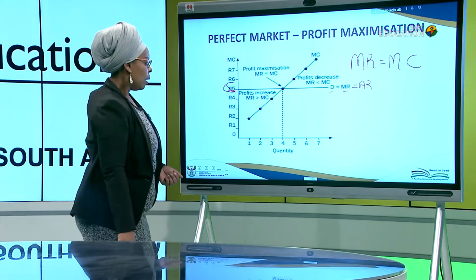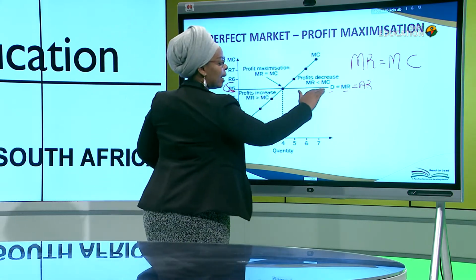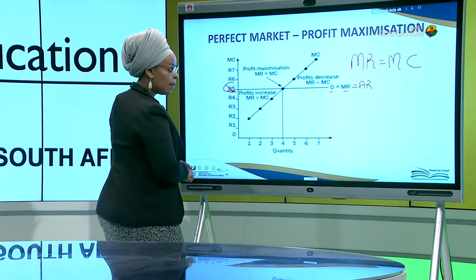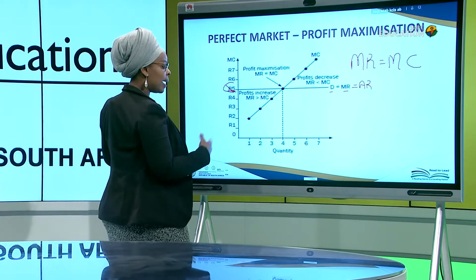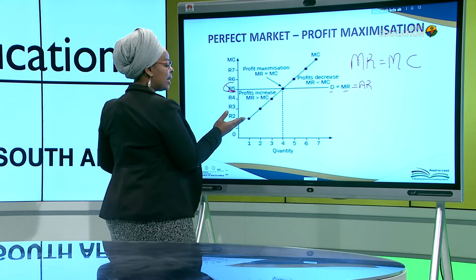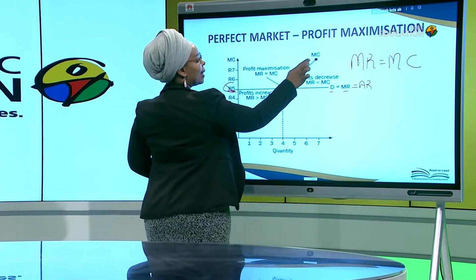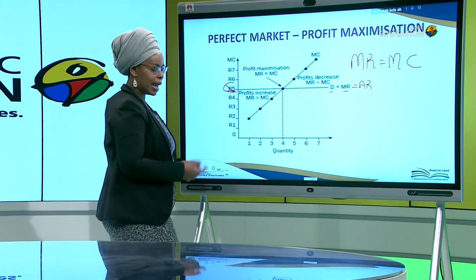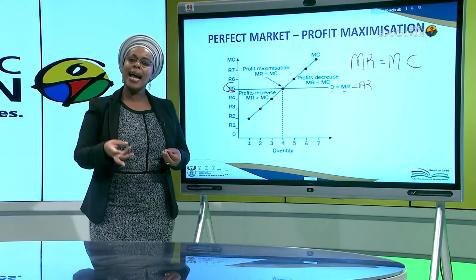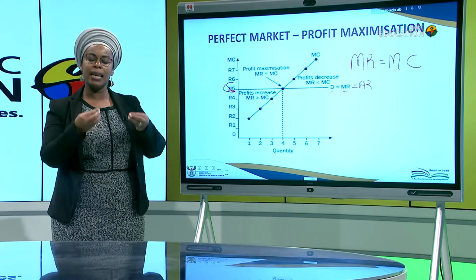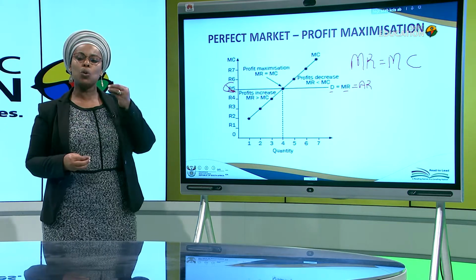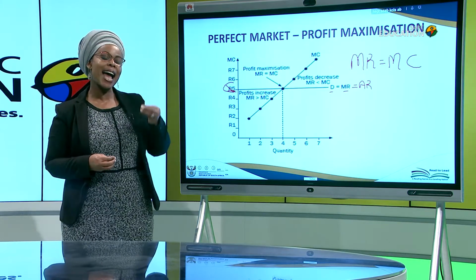So you already see the horizontal curve, the D equals to MR equals to AR. Then the MC curve is represented by this upward sloping curve.